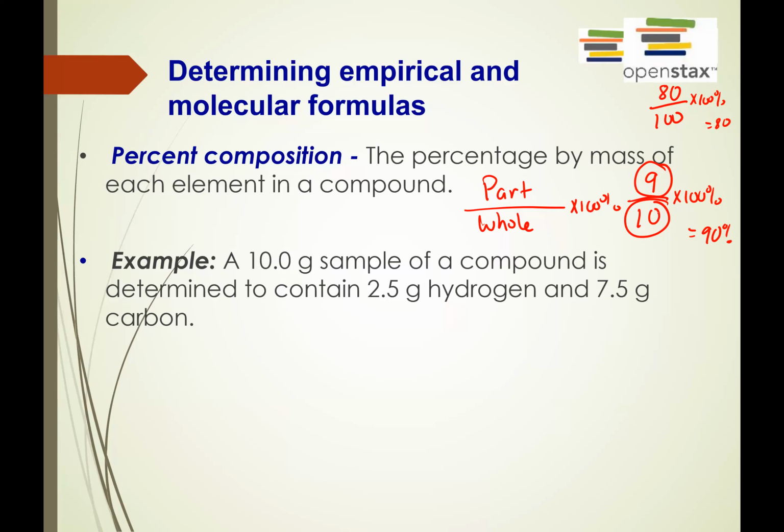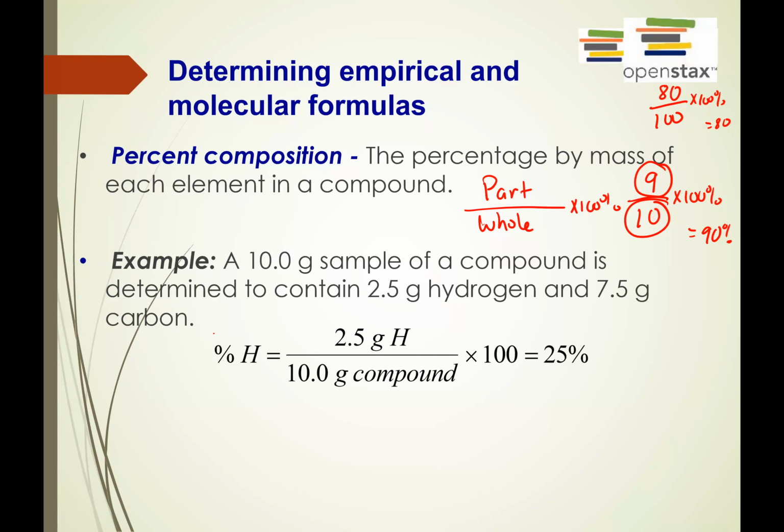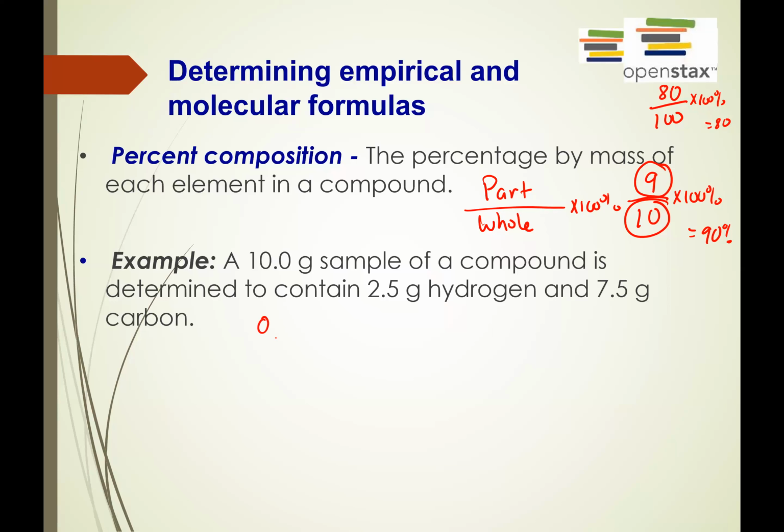So we have a 10-gram sample of a compound that has 2.5 grams of hydrogen and 7.5 grams of carbon. How do we find the percent composition? Part over whole times 100. So we've got percent hydrogen, and we have percent carbon. The part of hydrogen is 2.5 grams of hydrogen.